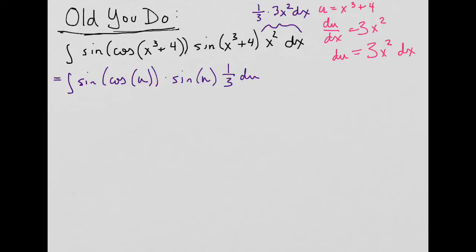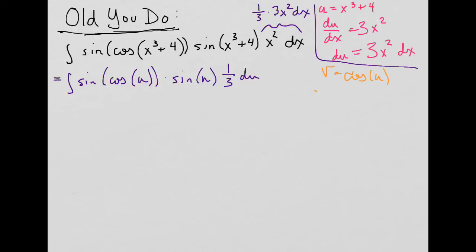Okay? So then we have this, and we're going to need to do a second substitution. And now this second substitution, I'm going to do in a different color and a different variable. So I'm going to say v. v is equal to, and if we're looking at this, cosine of u is our inside function of sine. And so when we go back here, we're going to say cosine of u is our inside.